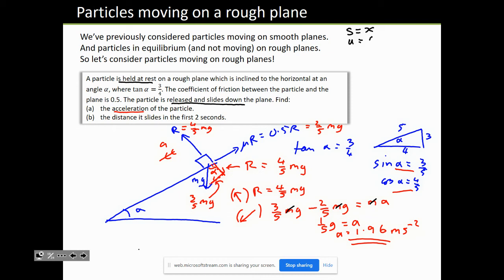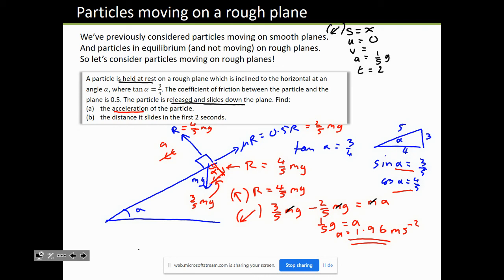So its initial velocity is 0. Again, we're taking this way as positive. We don't know what the final velocity is. The acceleration I've now got as 1/5 g, and we're looking at the first 2 seconds.